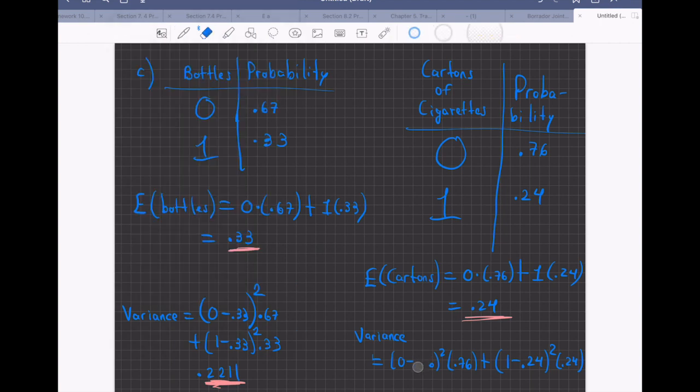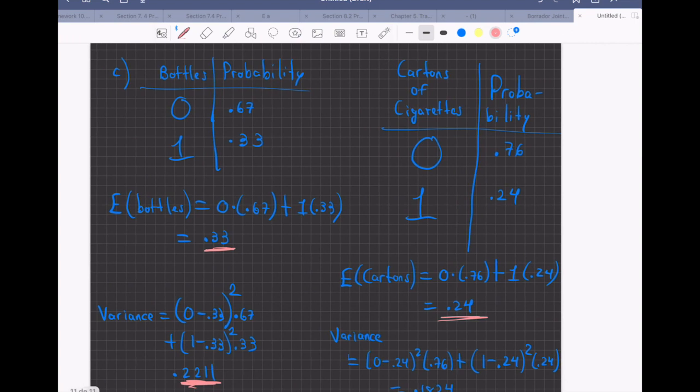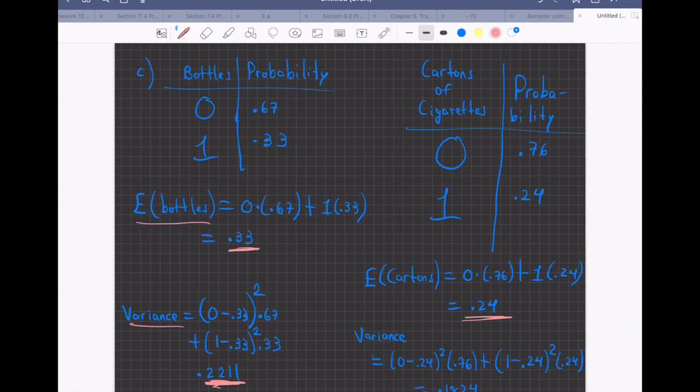It should be 0 minus the mean, and the expected value in this case is 0.24. So 0 minus 0.24, squared, and if you compute this, you will realize that the answer is 0.1824. So now I have the mean and variance for the two cases.